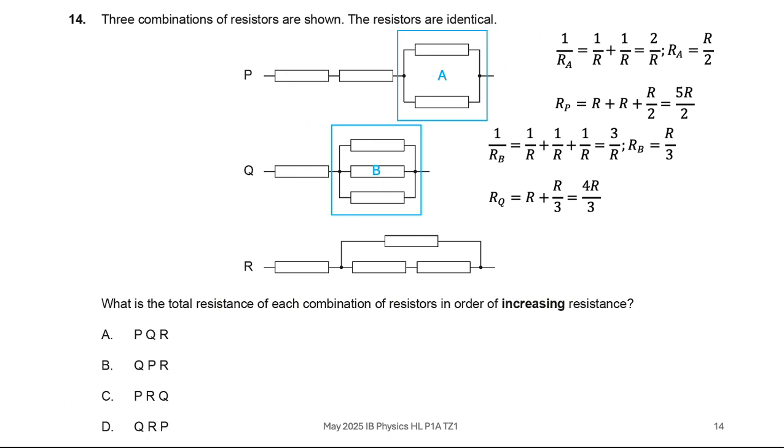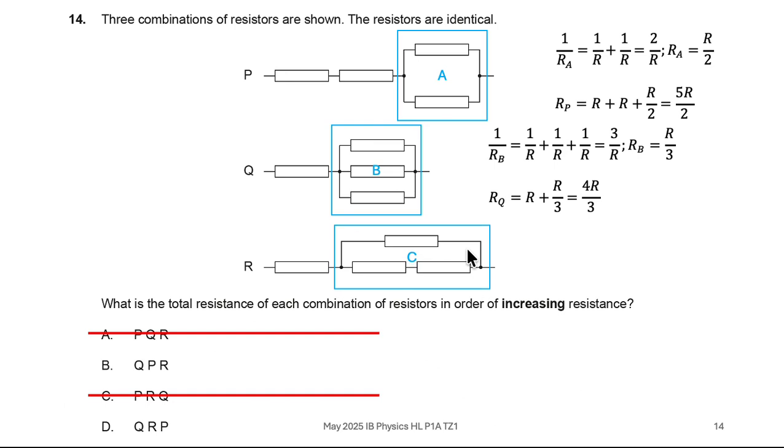Let's just check this one here now. We're just going to rule out a couple of answers here. Okay, let's just check on R. Now R is a tricky one because we've got one series resistor, and we've got two here connected in parallel with one. That's RC. I'm going to do it this way.